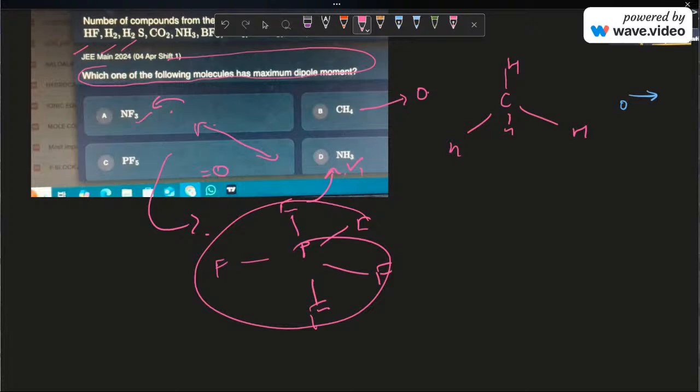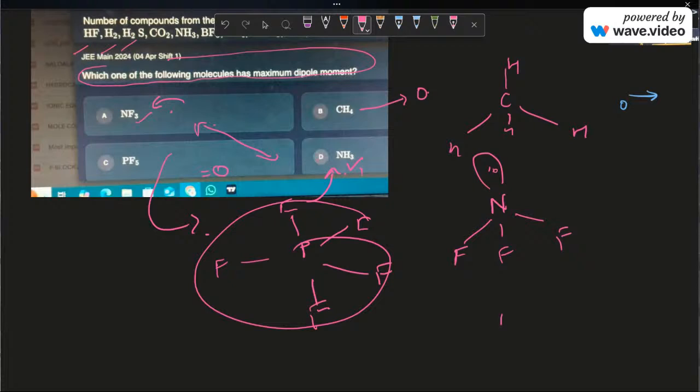Because in NH3, there was something exception kind of. Let me just try to recall what the exception was. Nitrogen, lone pair, F, F, F, 5 electrons.